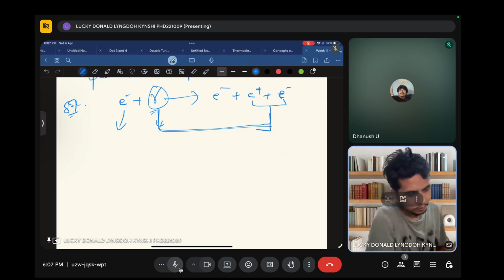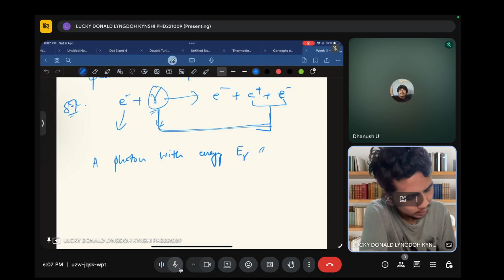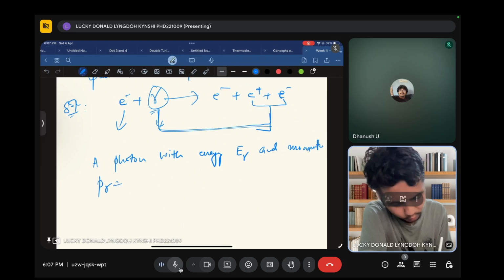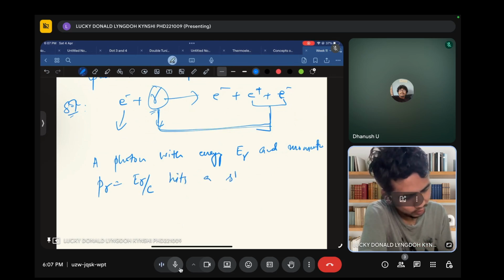Let's say a photon with energy E gamma and momentum P gamma equal to E gamma by c hits a stationary electron of mass m.